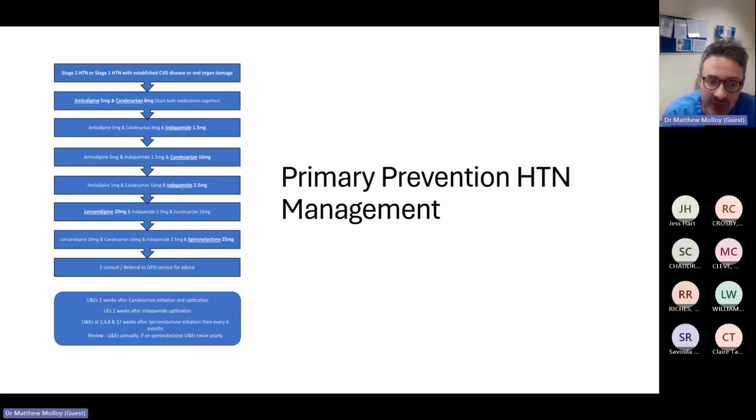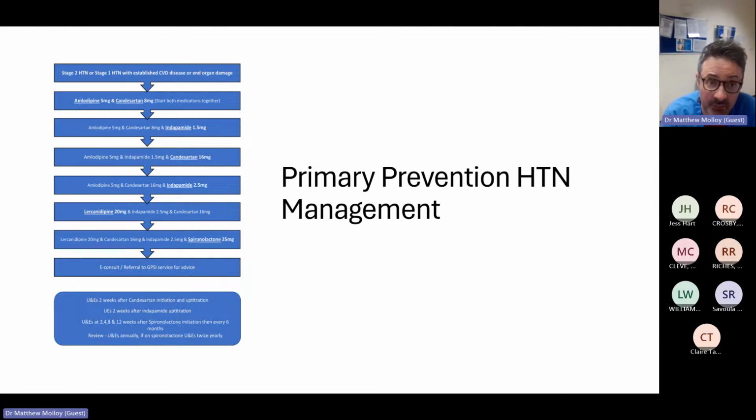So to try and reduce the wastage of appointments, and the frustration in patients having to have multiple appointments where they keep coming back and having ACE inhibitors and ARBs slowly up titrated, we start with 2 agents. We start with a calcium channel blocker and an ARB. So in our PCN, we start with amlodipine and candesartan 8.